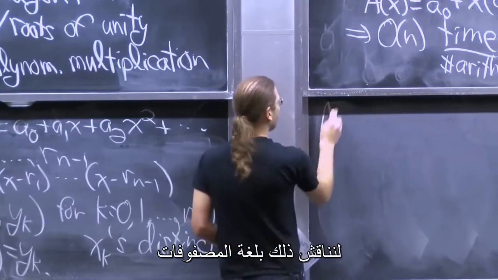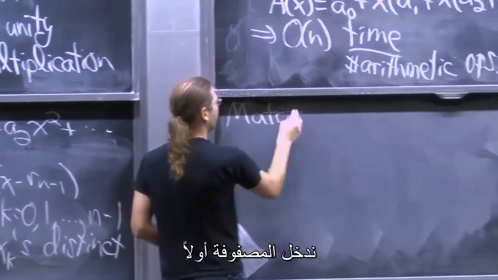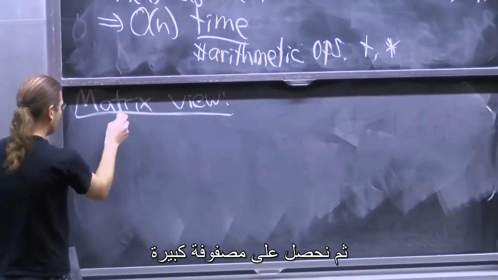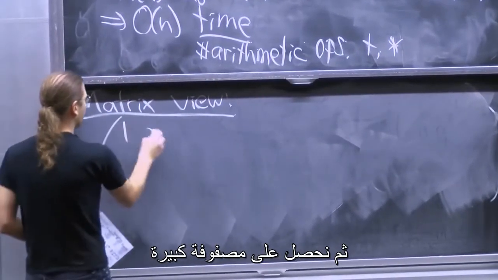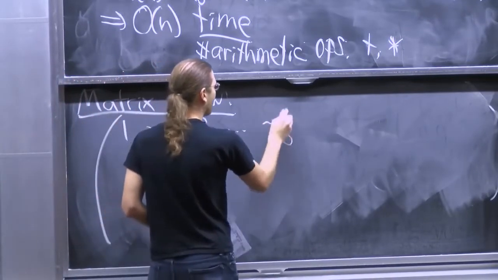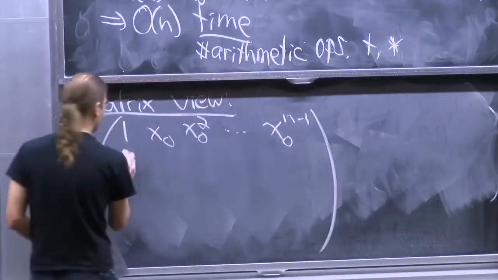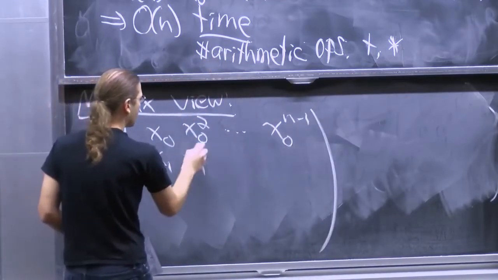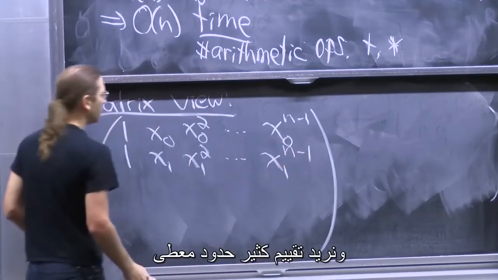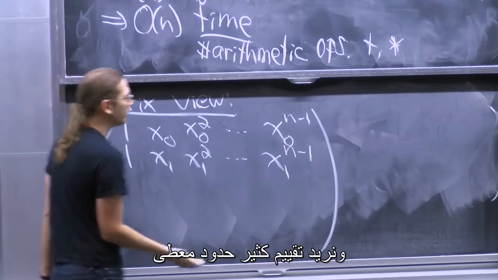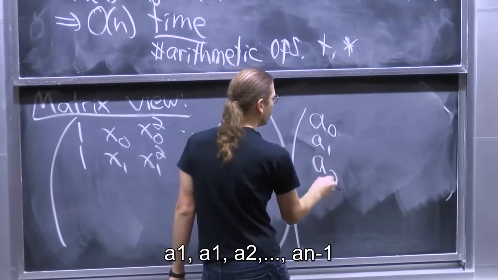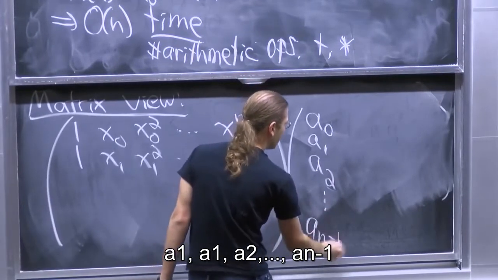If you want to think of it in a matrix, then we get a big matrix. So we're given the xi's, and we just want to evaluate a given polynomial whose coefficients are given by a0, a1, a2, up to an minus 1.